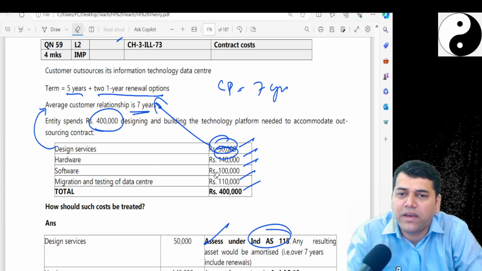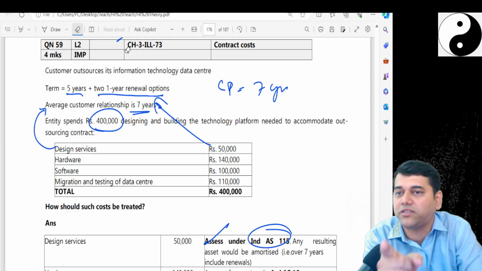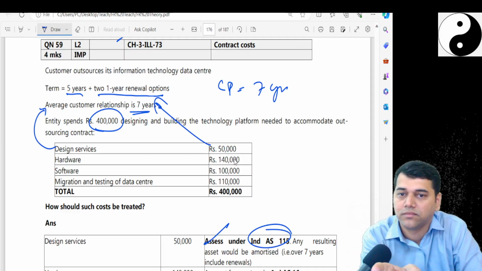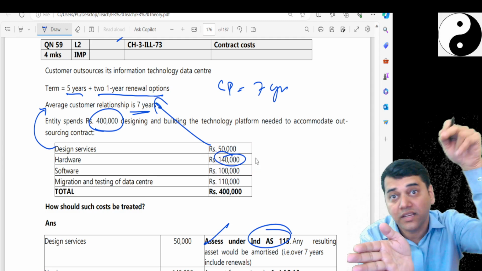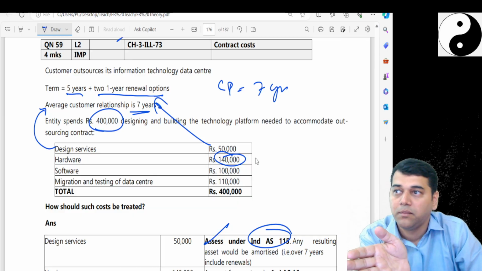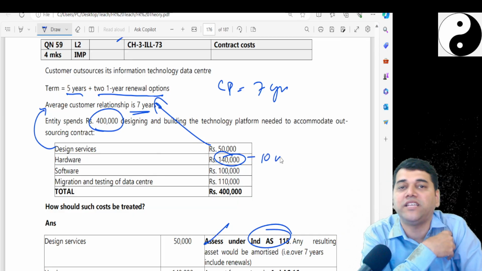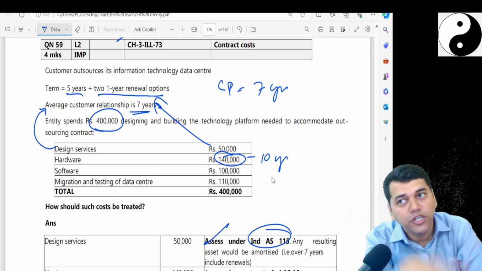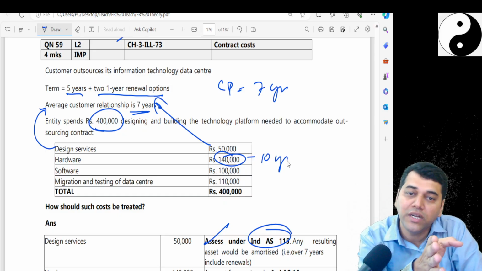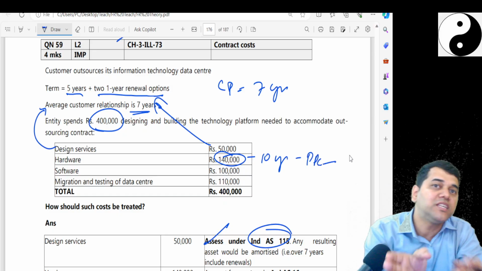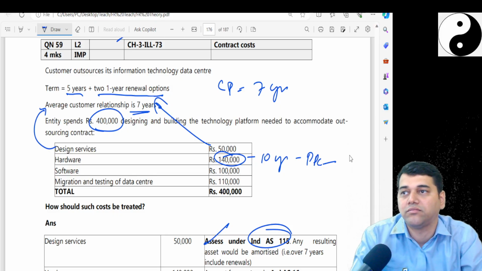If this hardware is specifically meant for this, you could have treated it and spread it over 7 years considering its life. But if you assume this hardware's life is 10 years, you will continue to use it after this contract is also finished. That's why you will treat it as PPE and every year charge depreciation to the P&L account.